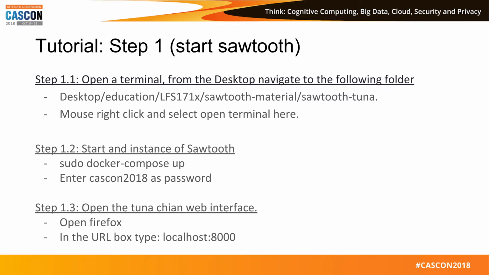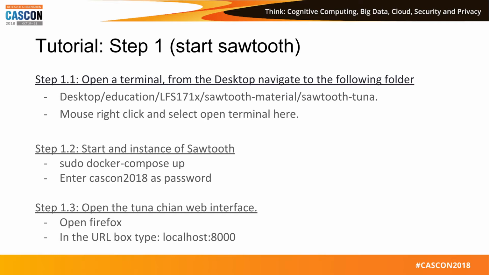After you finish step 1, you should have a terminal inside that folder. So let's go ahead and run the docker command, and it's going to ask you for a password. The password is Cascon2018. What that is running is going to take a few moments. What we're doing here is starting a Sawtooth instance.